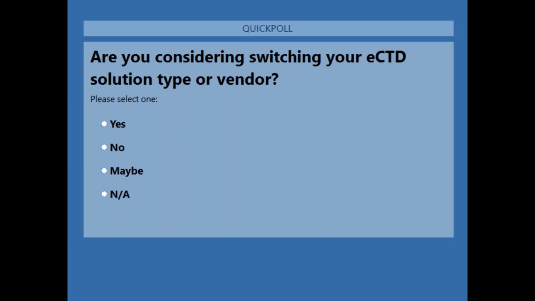Are you considering switching your ECTD solution type or vendor? I think we got people's mindset now. They're really answering the question quickly here.